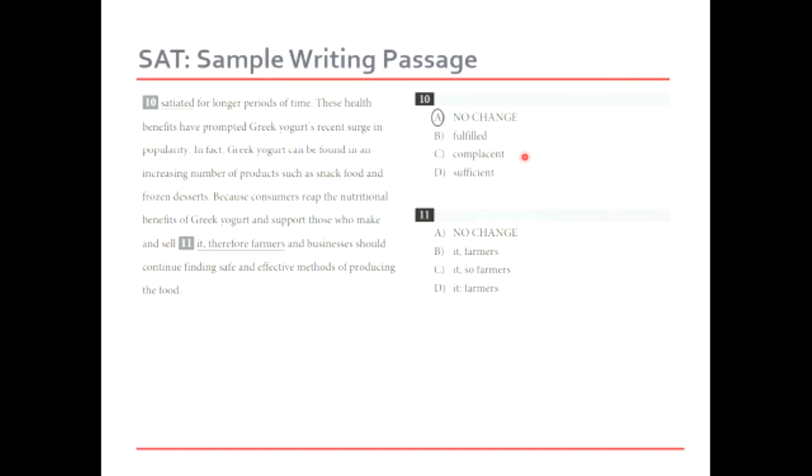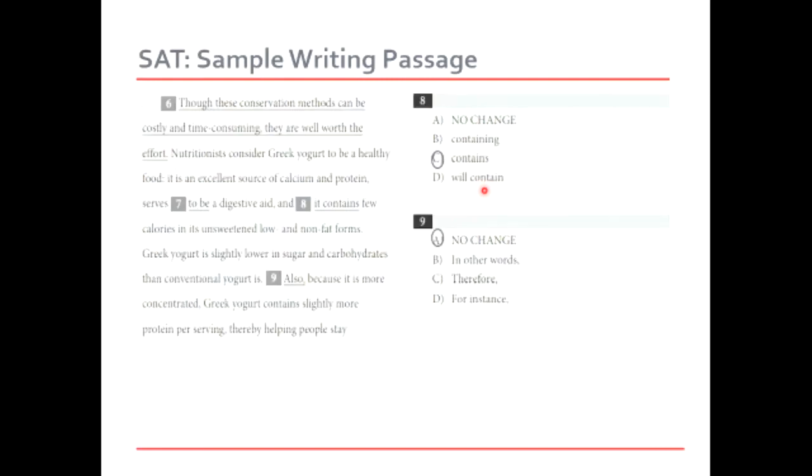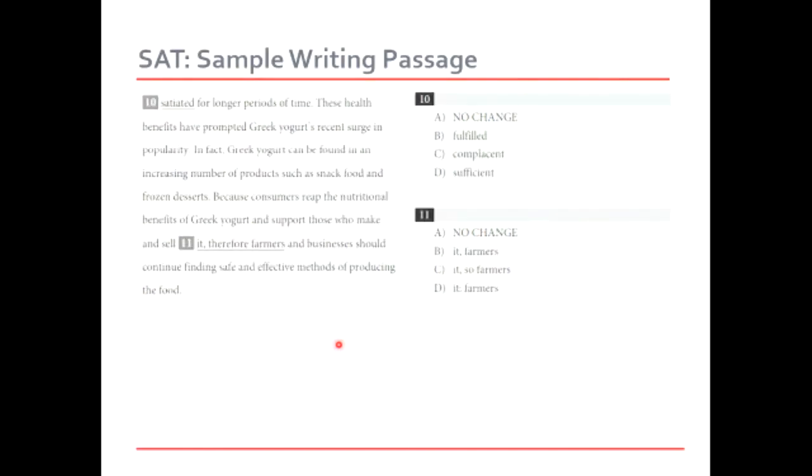If you don't know the meaning of this word, once again, try to put this word in that sentence and see if that makes sense. Then option D, sufficient. Let's read the sentence with the word sufficient: thereby helping people stay sufficient for longer periods of time. It doesn't sound right. So definitely not the right choice. The right answer is no change, as already stated.